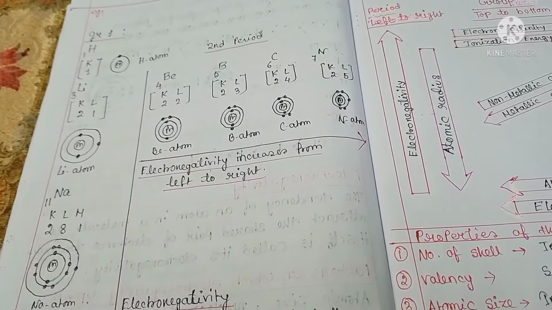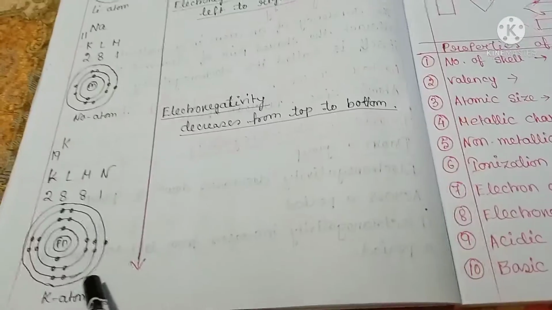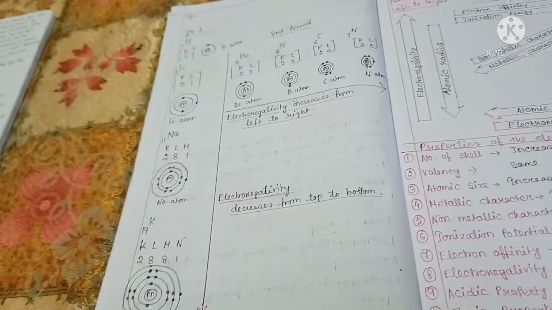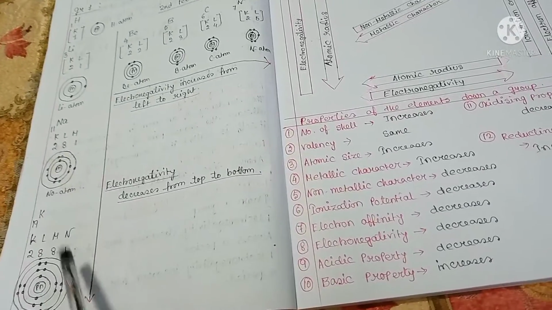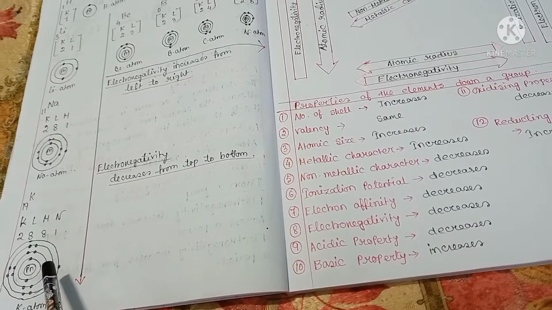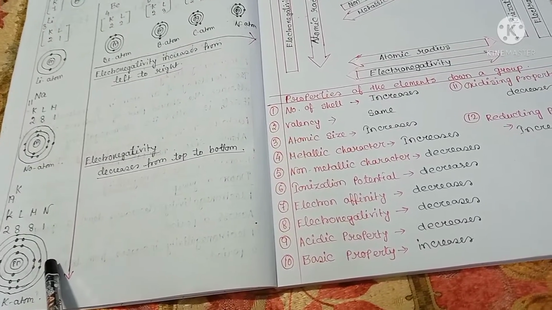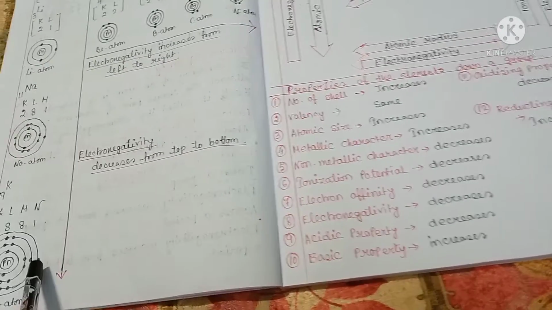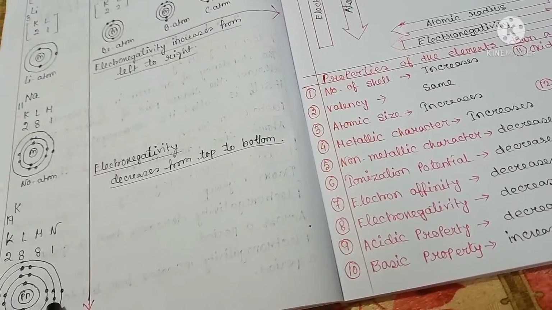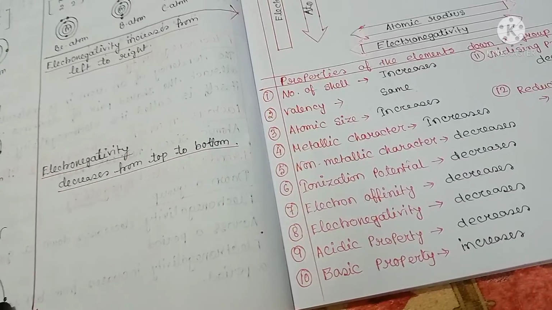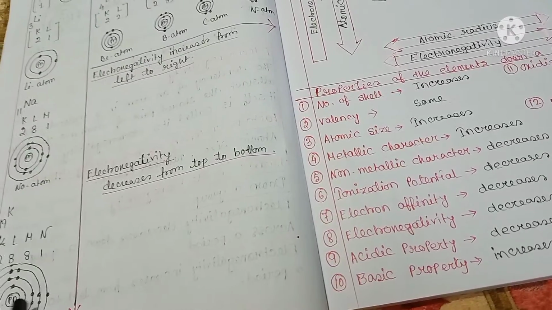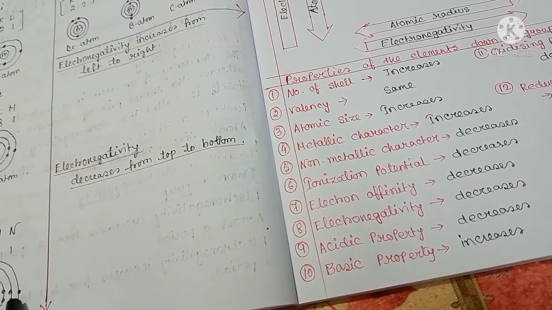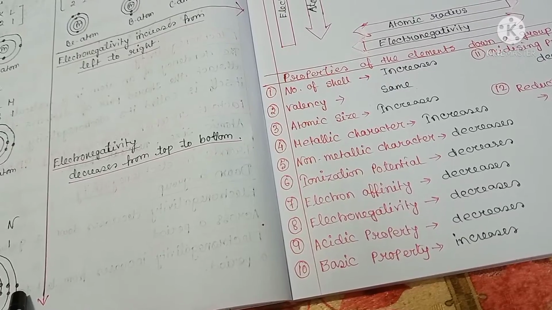And in the case of potassium, there are 4 shells due to their electronic configuration. So, we see that when we move from top to bottom with increasing atomic number, electrons are added in different shells and the valency electron gradually moves far away from the nucleus, experiencing a lesser force of attraction.